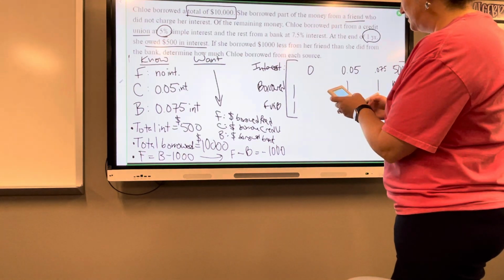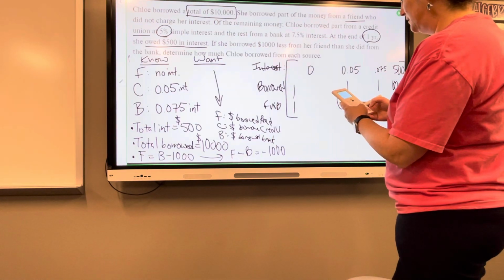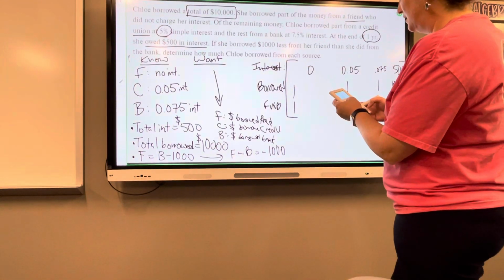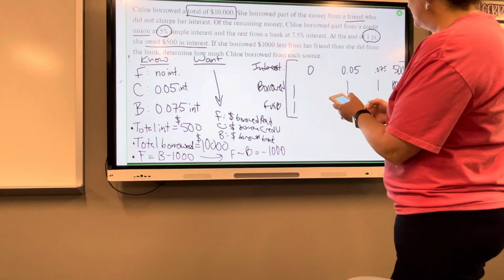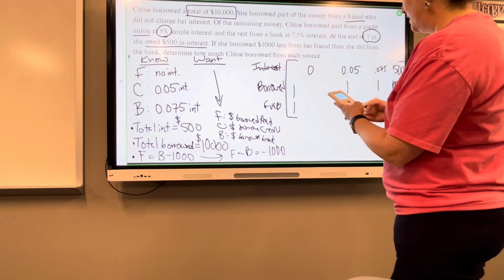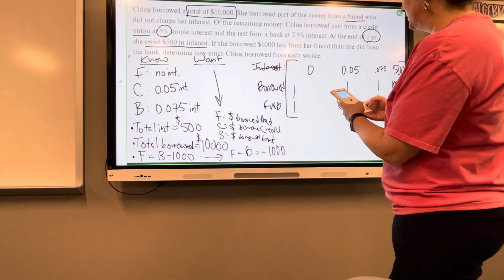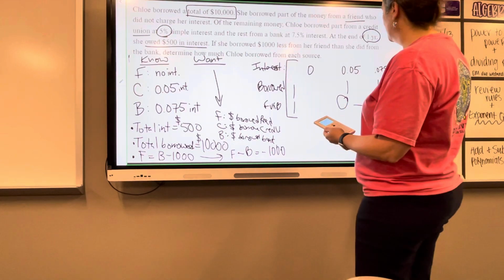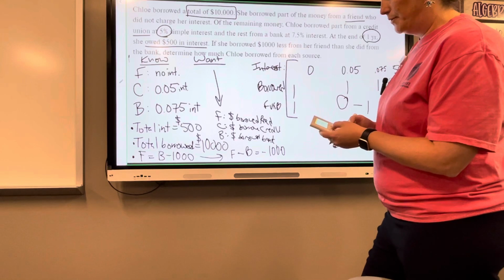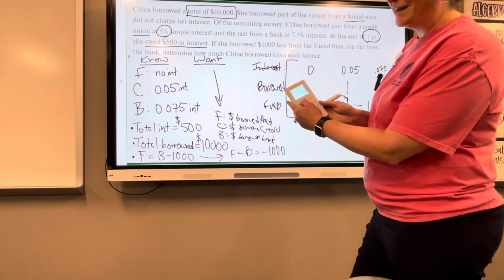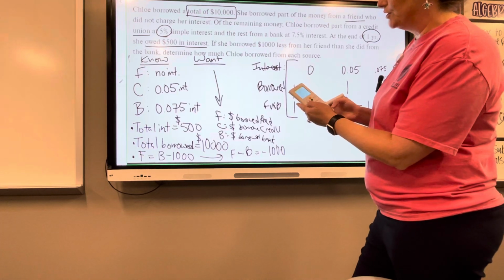Oops, accidentally ended up in the wrong place. 10,000. And then here I've got 1, 0, negative 1, and negative 1,000. Because of the signs I chose here, this also has to be negative. So I enter that, go up, go over to my triple dot, and it gives me the choice. I'm going to choose reduced row echelon form.